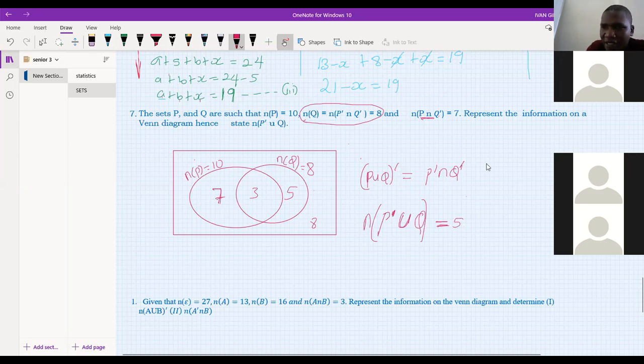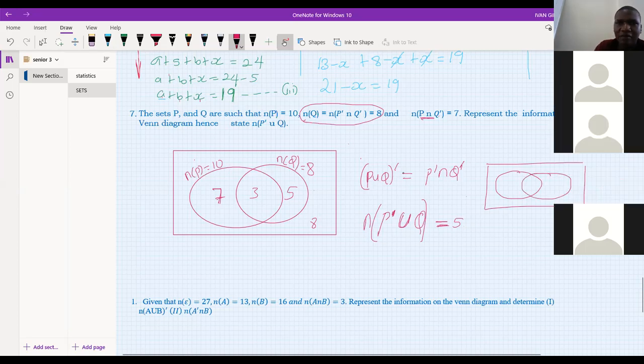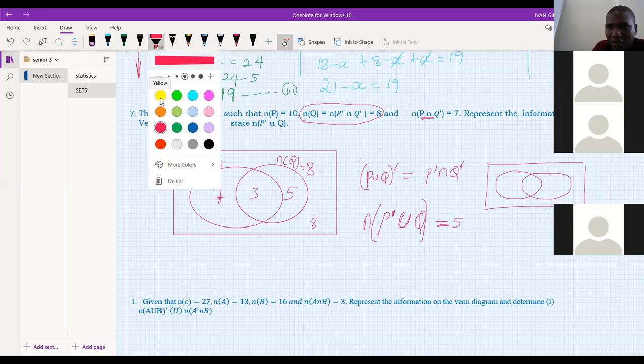We're going to investigate using this concept of shading unknown regions in sets. We have something like this. Since I've used this, I'm going to use a different color. I'm going to use yellow and green.